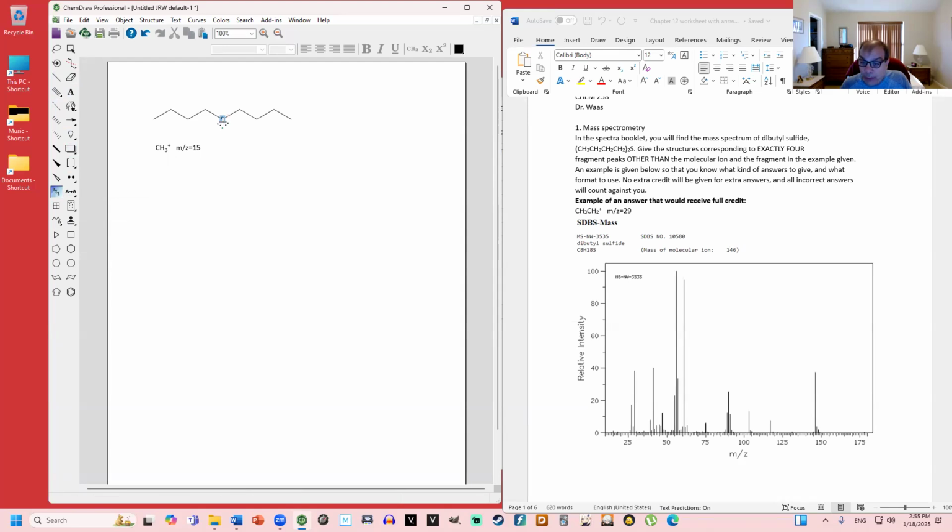Heteroatom means something other than carbon or hydrogen. So here's our carbon-sulfur bond. We'll break the bond between carbon and sulfur. And of course, we could have done that on the other side of the molecule too. The molecule is symmetrical. So let's see what that gives us.